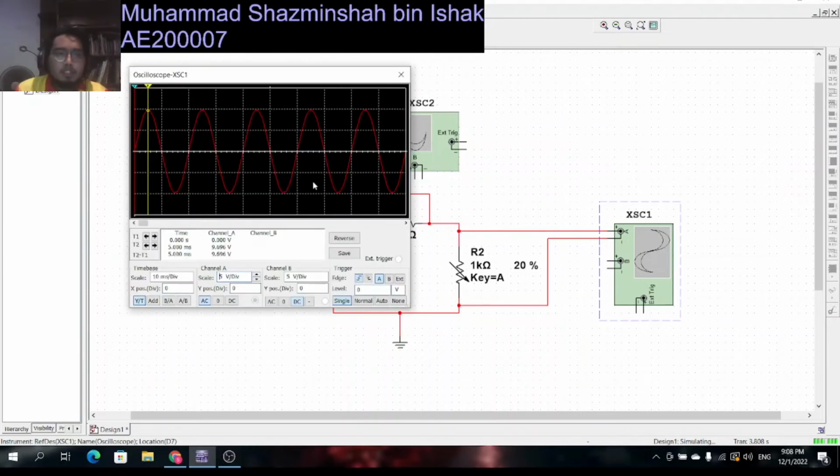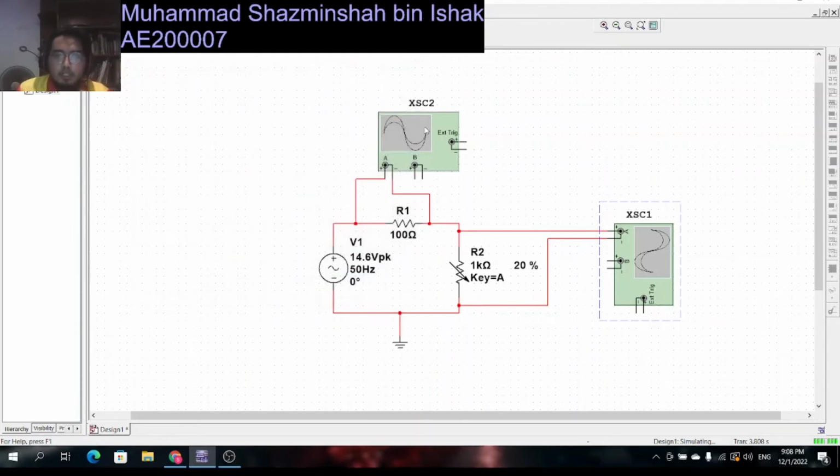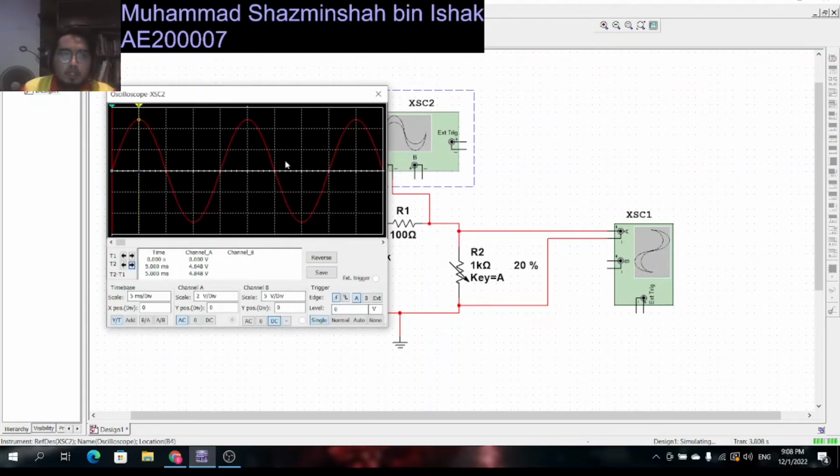As you can see, the amplitude of the graph is 9.696 and the period is 20 milliseconds. Next we see the resistor. The amplitude is 4.848 and the period is also 20 milliseconds.